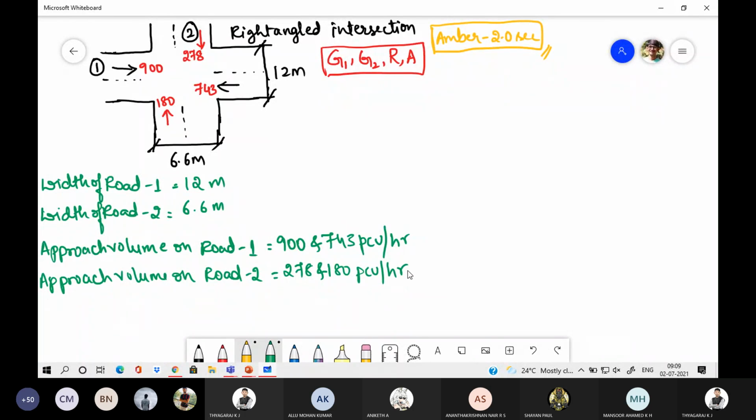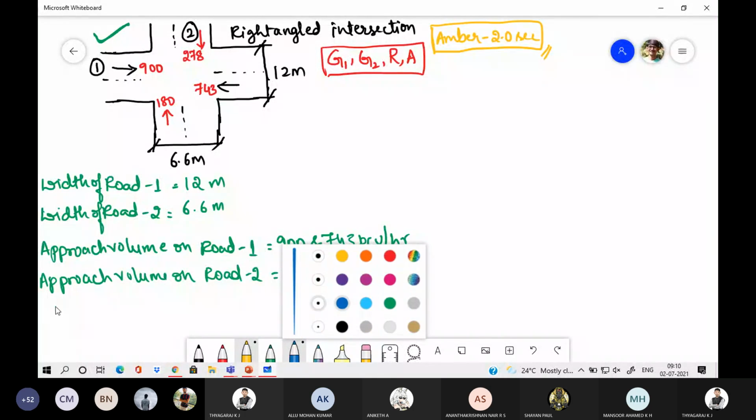So in the exam, if anywhere they ask you to design the signal timings by IRC, first write the diagram. If you write the diagram, they will get to know that you have understood the concept. Now make a statement here.